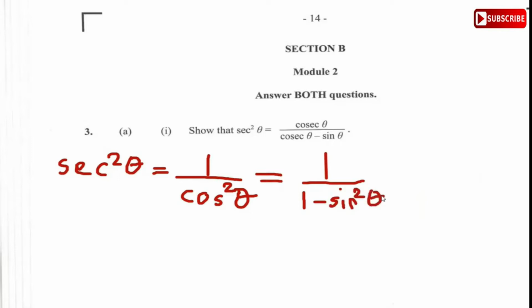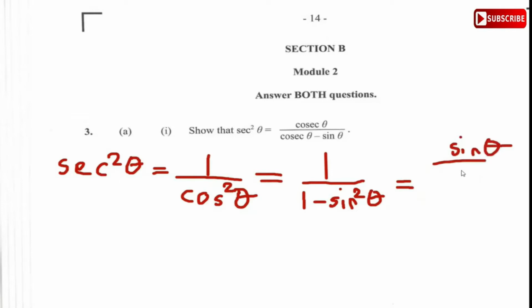Let me see how I can generate this now. I need some sine theta here. To get some sine theta here, look what I'm going to do. I'm going to rewrite 1. 1 is just sine theta over sine theta.